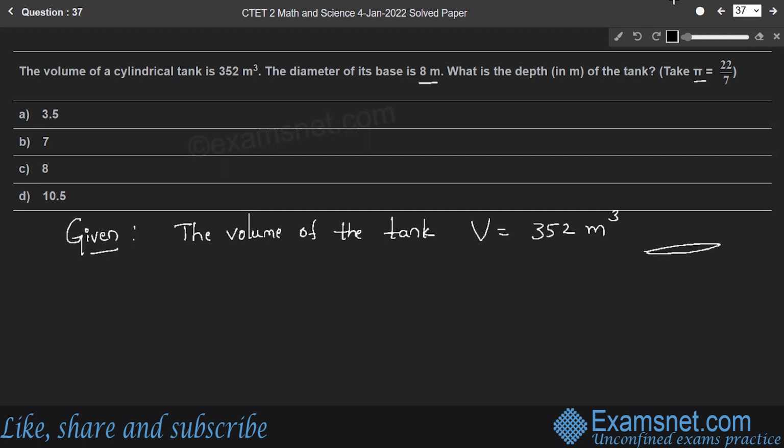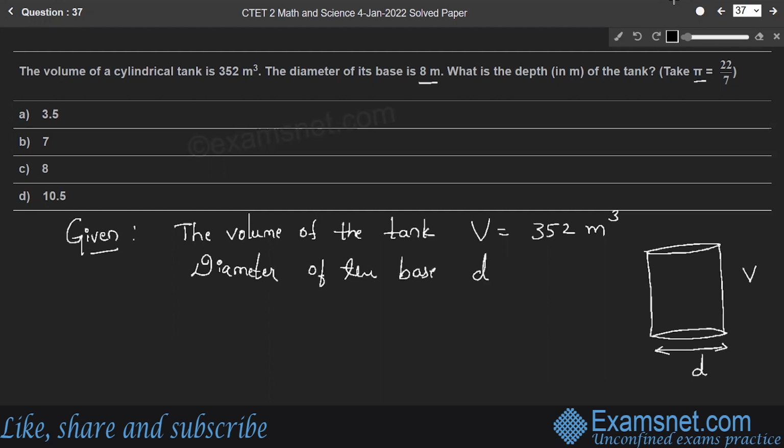Okay. So let us consider cylindrical tank. Volume is given. Diameter of its base is given. Let D be the diameter of the base of the cylindrical tank. D is equal to 8 meter.